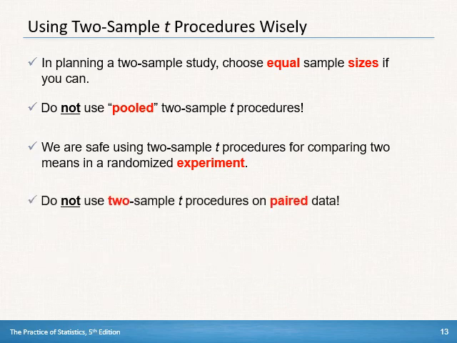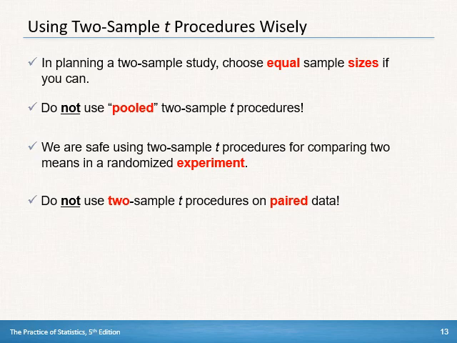Remember too that we don't use two sample T procedures with paired data that we saw in the last couple of chapters. So paired data is when we have one sample and we do two different things to that sample, right? You become your own matched pair in an experiment.